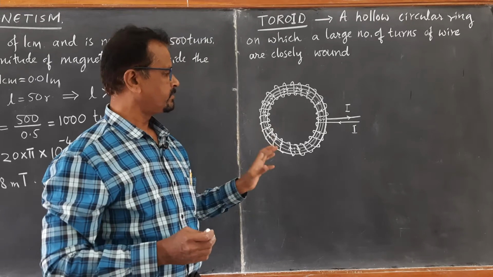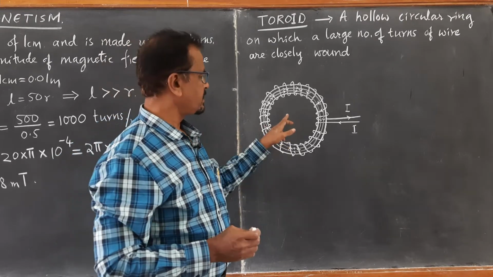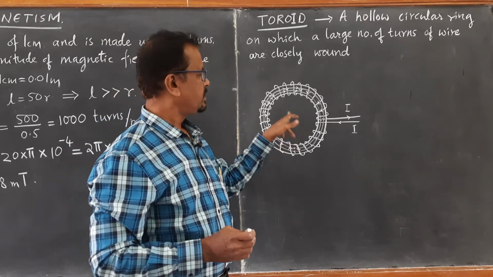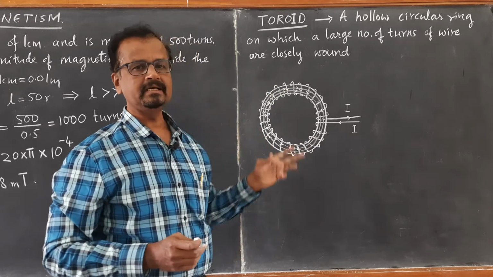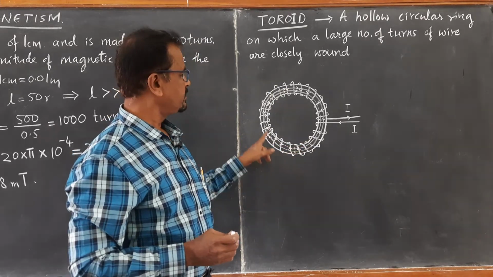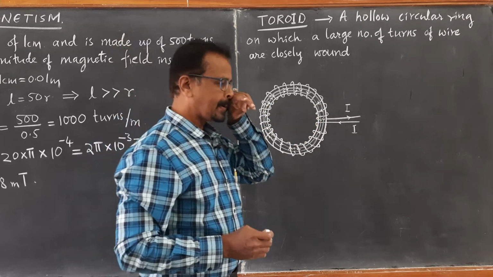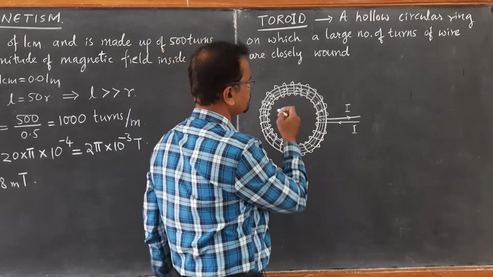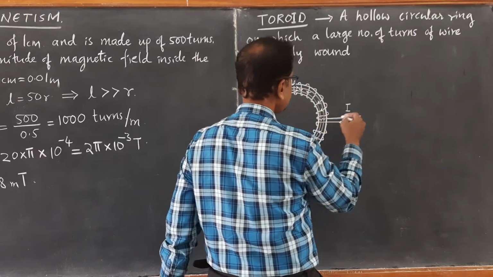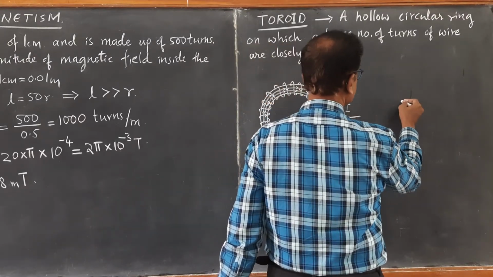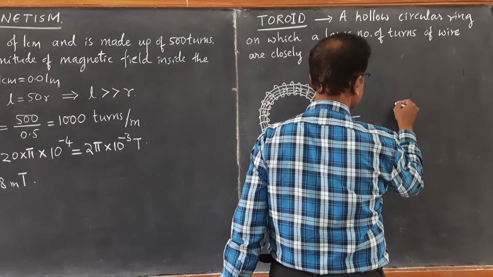Now how to find out the magnetic field and how to prove that the magnetic field in the interior is 0 and the magnetic field in the exterior is 0. It is confined only in the inside region of the toroid. Let us see how to draw the diagram for that. So, here schematically I am showing 3 regions.